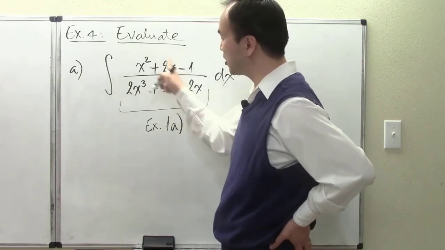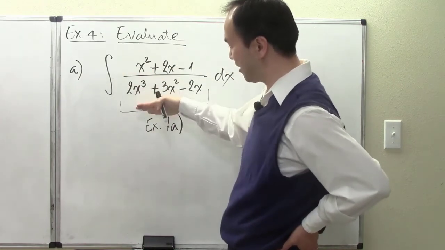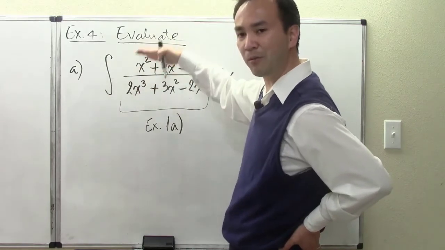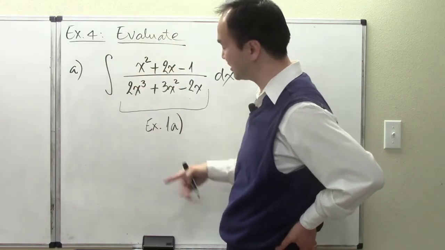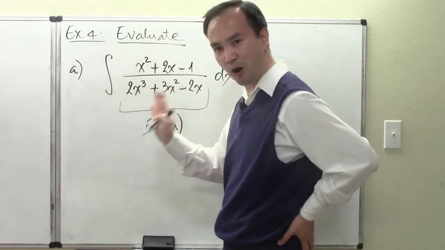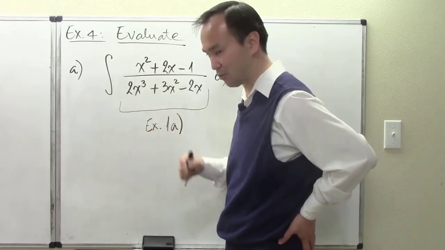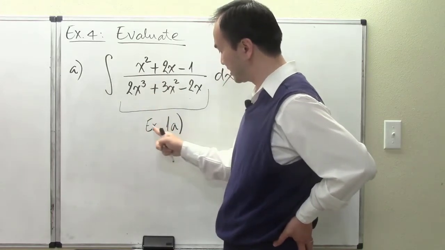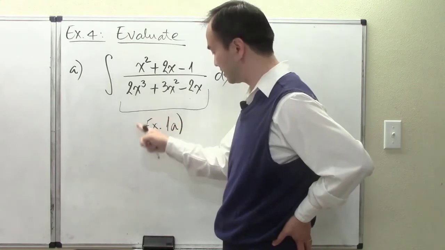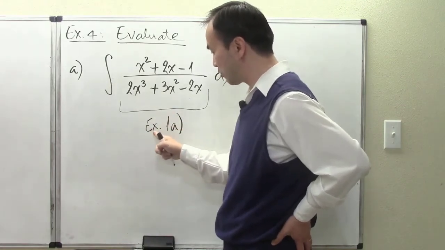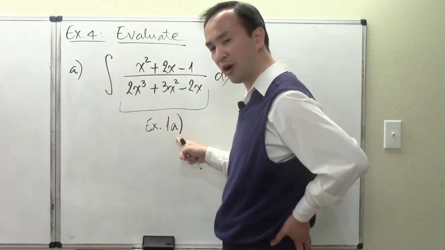So I already showed the work, because obviously this is a problem where we have to apply the partial fraction decomposition process to break this down into partial fractions, making it easier for our work. Go ahead and refer back to the earlier part of the lesson where I was going over example 1 part A.